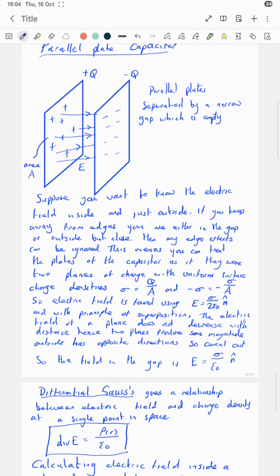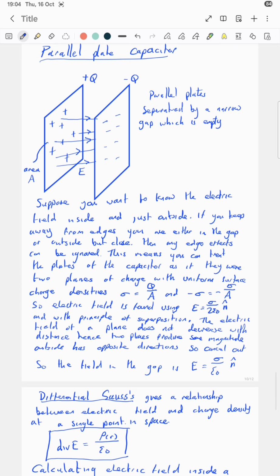Now for a parallel plate capacitor, parallel plates separated by a narrow gap which is empty. Suppose you want to know the electric field inside and just outside. If you keep away from the edges, you are either in the gap or outside but close. Then any edge effects can be ignored. This means you can treat the plates of the capacitor as if they were two planes of charge with uniform surface charge densities, sigma equals Q over A and negative sigma.